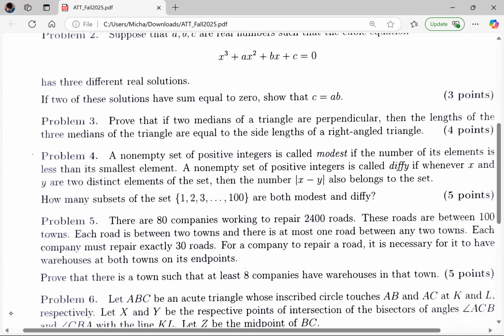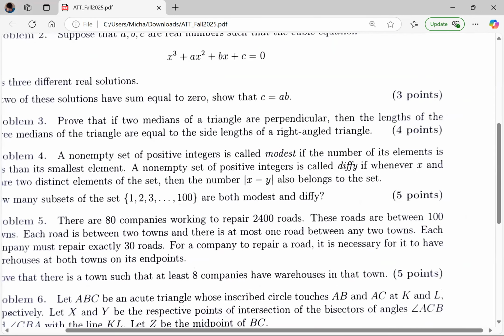And then the last problem, 5. Yeah, so there's 80 companies, 2,400 roads. So if there's 8 warehouses for one company, there's at most 8 choose 2 roads you can repair, connecting all the roads to these warehouses, and that's only 28.